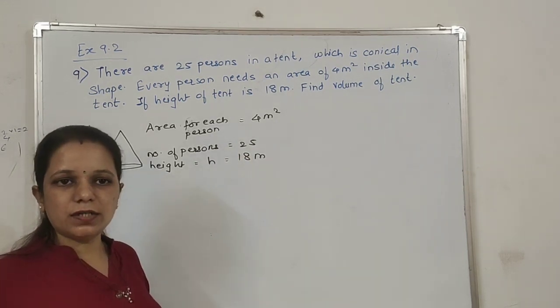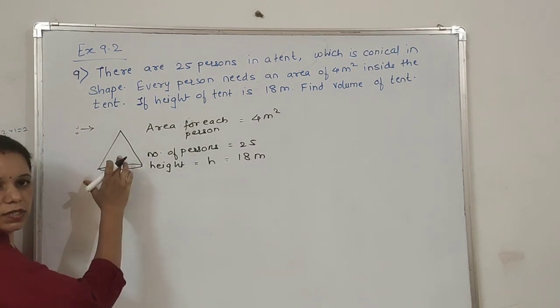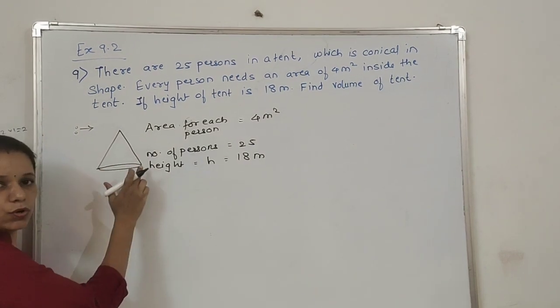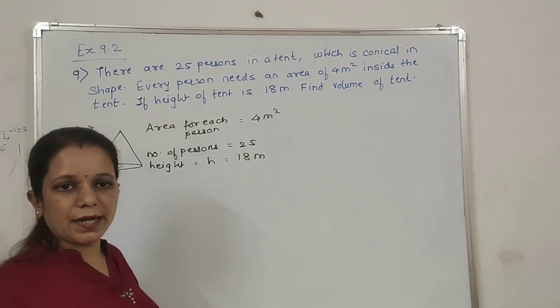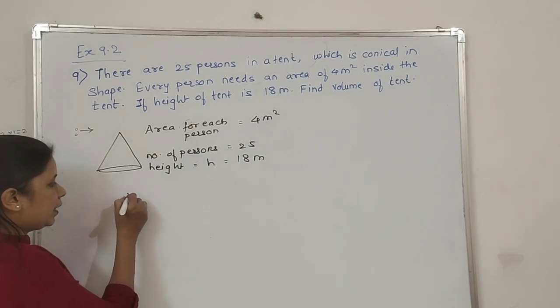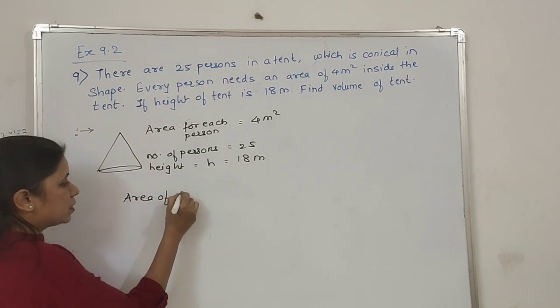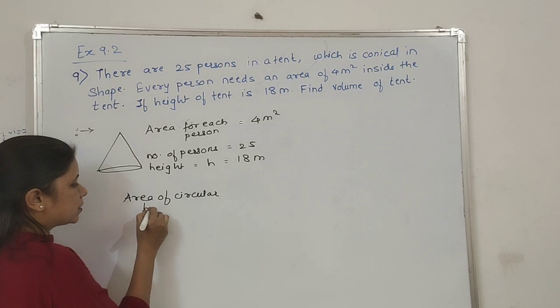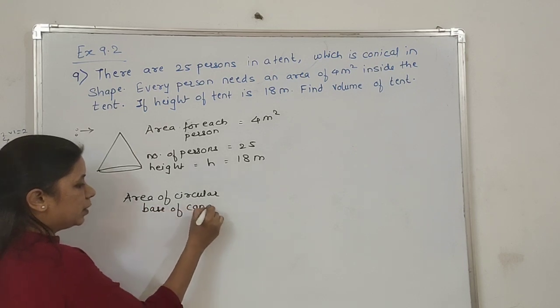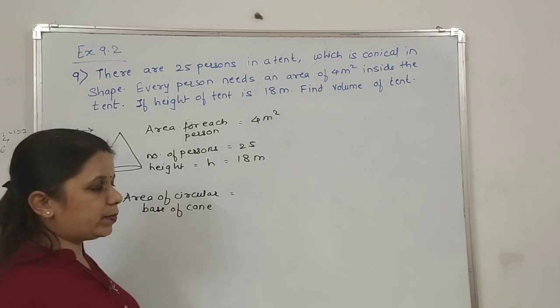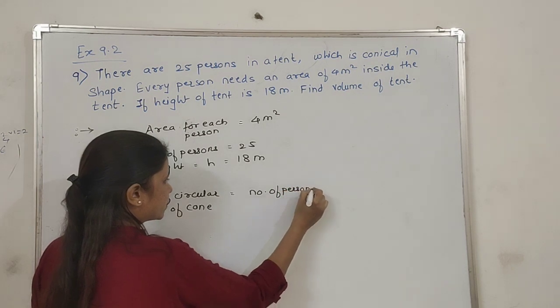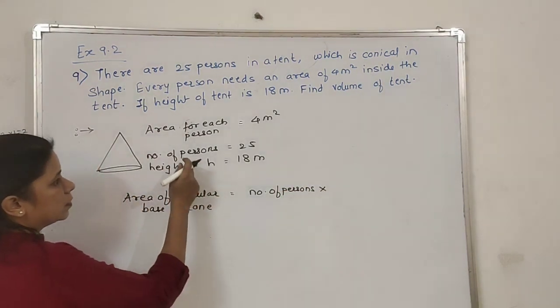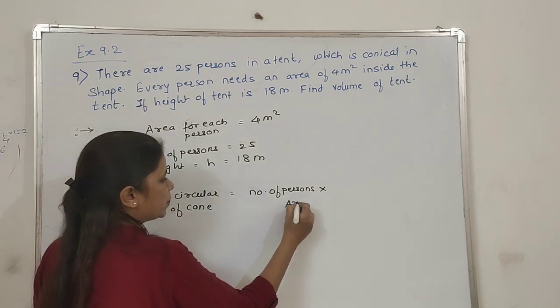Okay, now first if we see it carefully, the base area of the cone means the area of circle, correct? Now we have to find first the base area of the cone. So area of circular base of cone. Formula is very simple. Number of persons into area of each person.